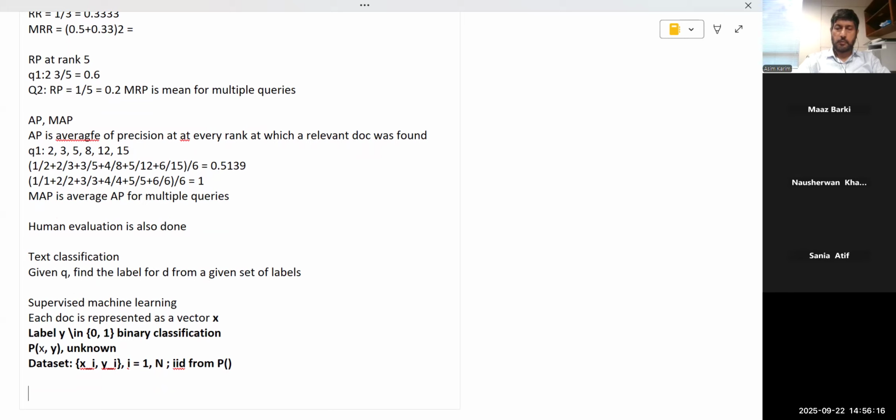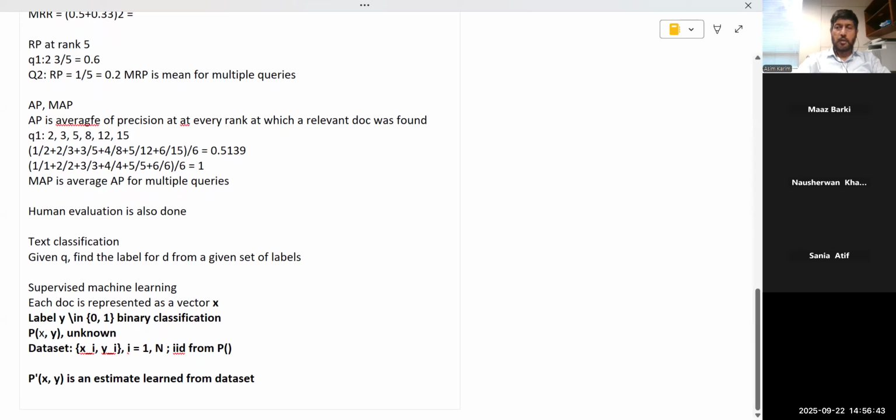Once we have the distribution, let's say once you have found the probability of x and y, an estimate of this, which I'll call p star, is an estimate learned from the data set.